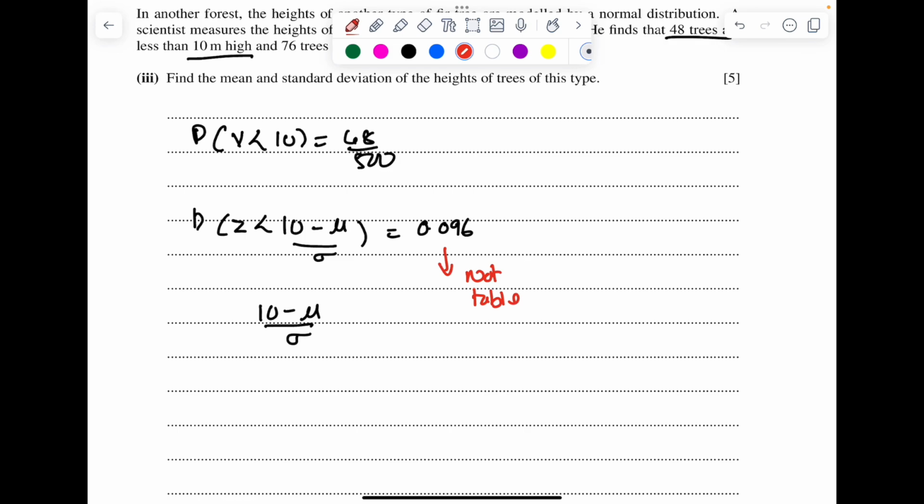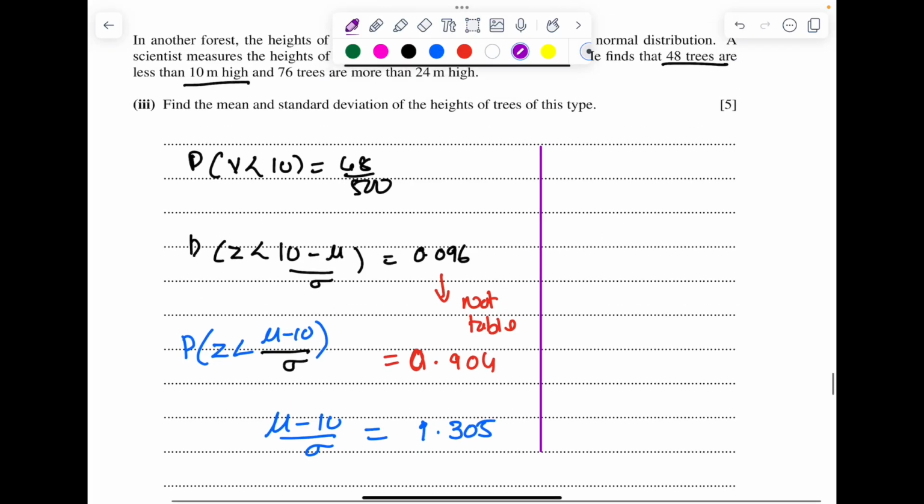So what am I going to do? Subtract from 1. 1 minus this one is 0.904. In that case, I'm going to swap this. Probability of z less than (mu minus 10) by sigma, so mu minus 10 by sigma equals 1.305.